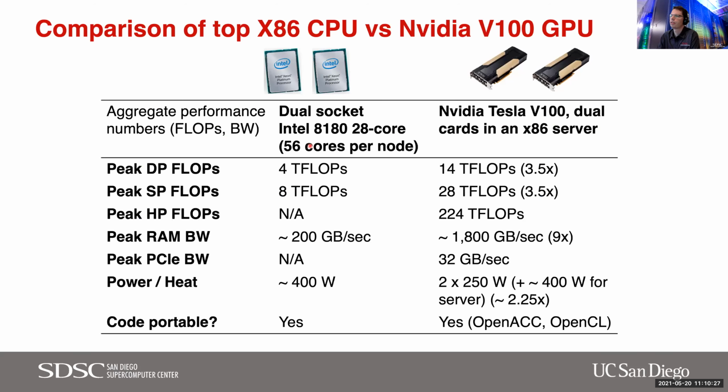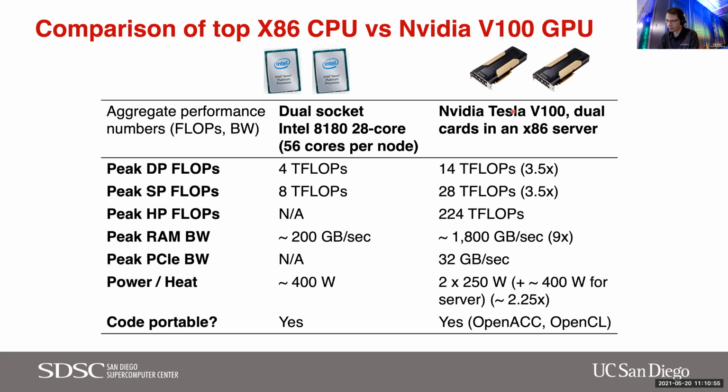So that's basically a state-of-the-art dual-socket Intel Xeon type CPUs. Each of those CPUs has 28 cores, and here you would have the Nvidia Tesla V100. These type of GPUs we have on Expanse, right? So Expanse actually has 4 of those GPUs per node, and they are not PCI Express connected.